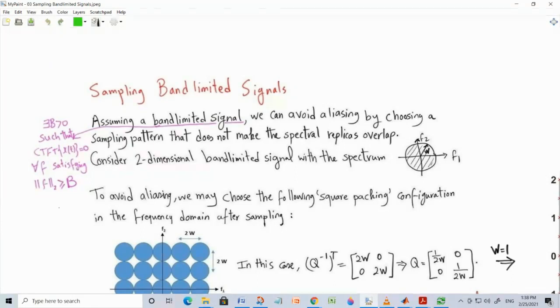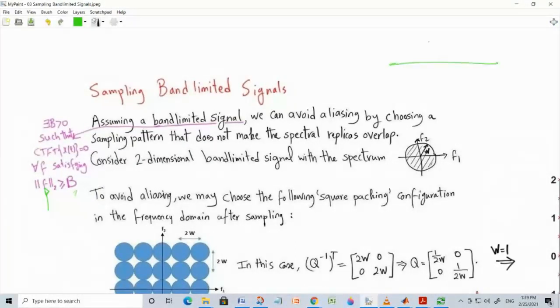Basically, the spectrum of the signal, the continuous time Fourier transform, is non-zero for frequencies around 0, but there should be some number such that if the L2 norm of the frequency vector exceeds b, then the spectrum, the CTFT, is exactly equal to 0.